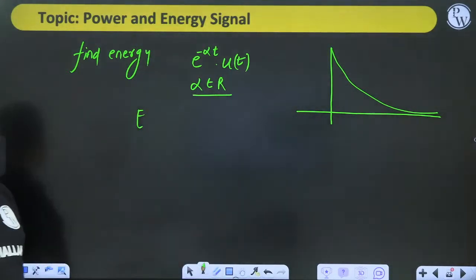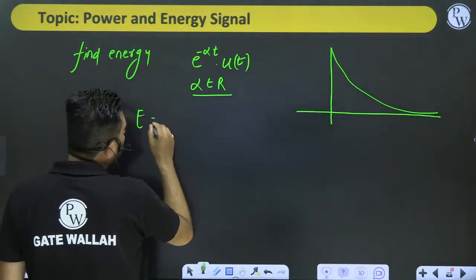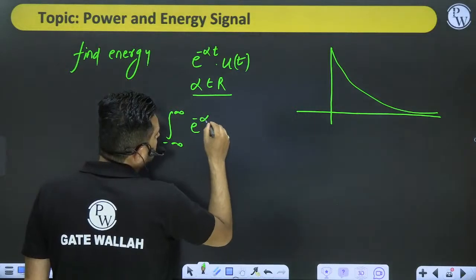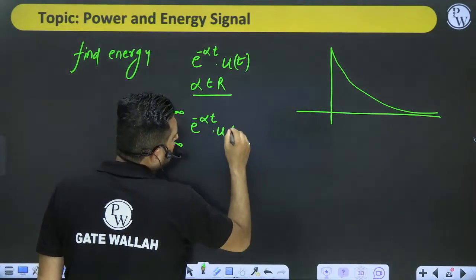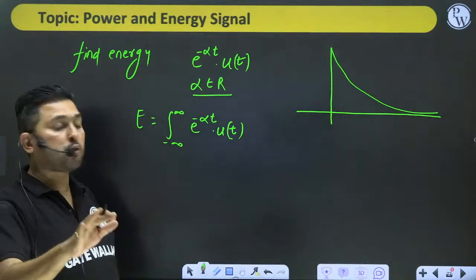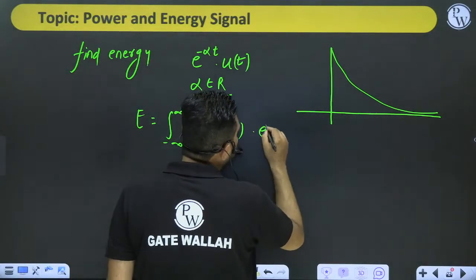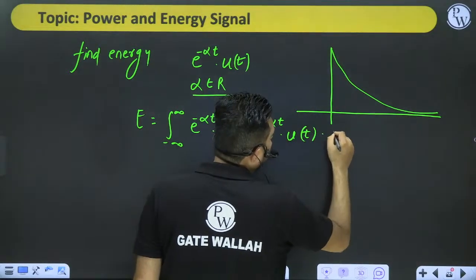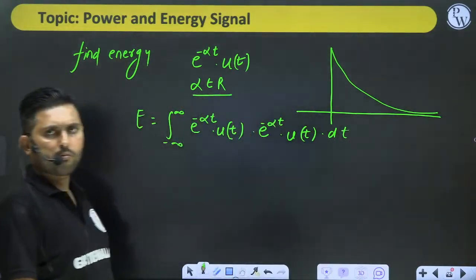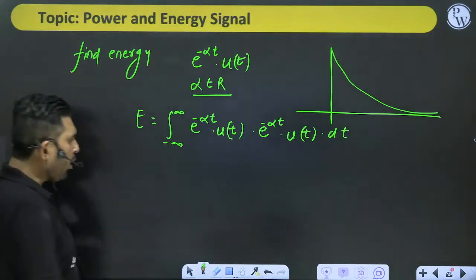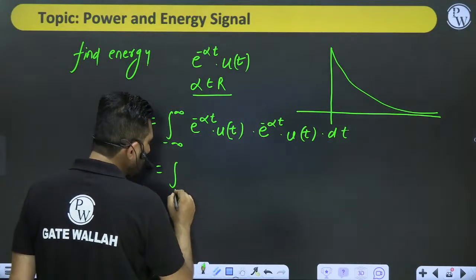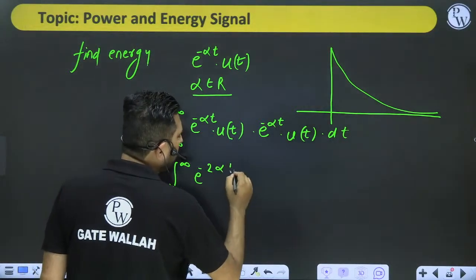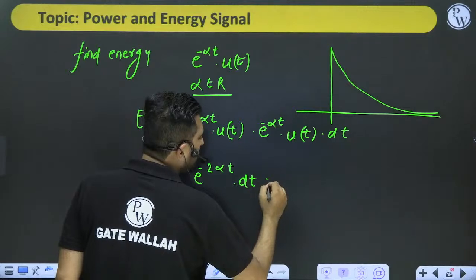alpha belongs to real. So the energy comes out to be the integral from minus infinity to infinity of e to the power minus alpha t into u of t, and since it is real, there is no complex conjugate, it is exactly multiplied with the same signal e to the power minus alpha t u of t, and we have dt. Because of u of t, it is the integral from 0 to infinity of e to the power minus 2 alpha t dt.